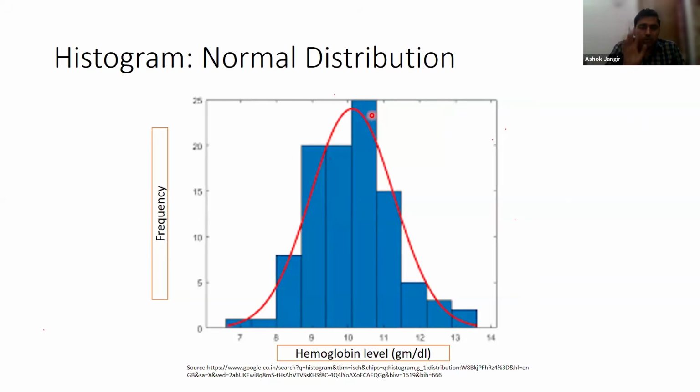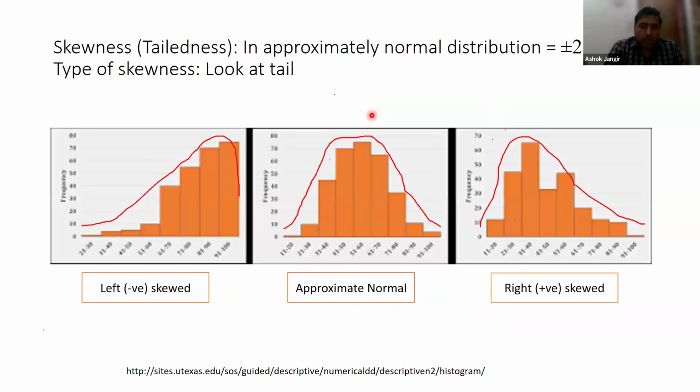It is bell-shaped, symmetrical. You can see here, so it is normally distributed. But we also have to look at the skewness or tail of this histogram. In an approximately normal distribution, the skewness value, please remember this, should be within plus minus 2.